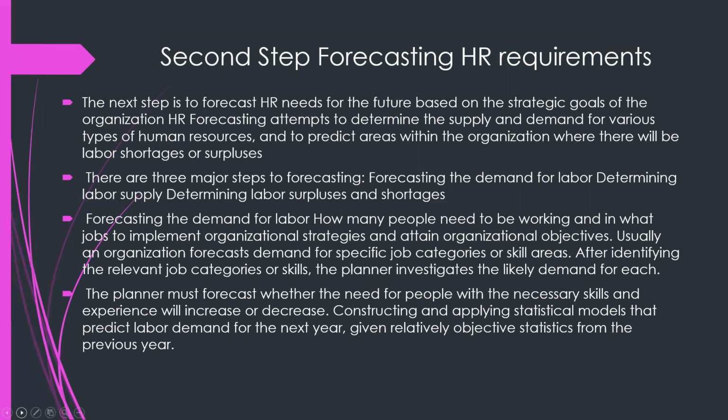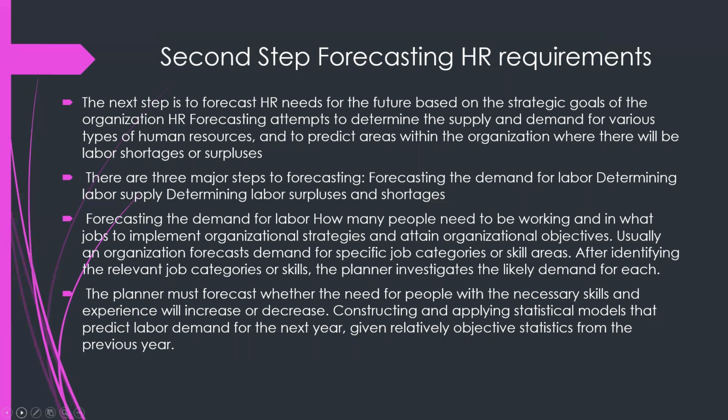Forecasting the demand for labor means determining how many people need to be working and in what jobs to implement the company's strategies and to attain organizational objectives. Usually, an organization forecasts demand for specific job categories or even skill areas. After identifying the relevant job categories or skills, the planner investigates the likely demand for each.